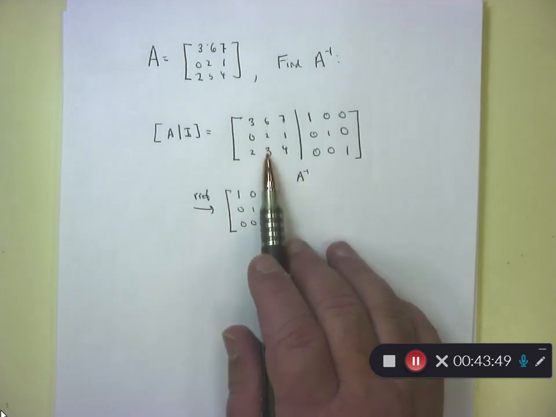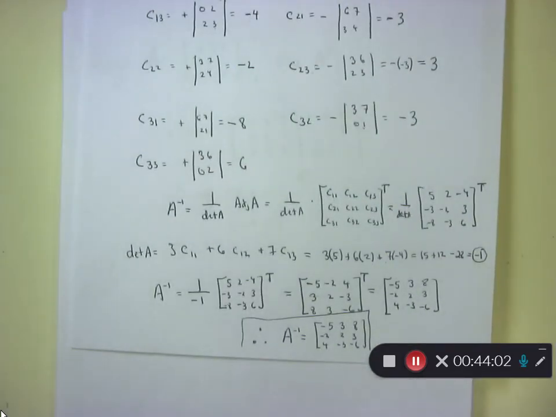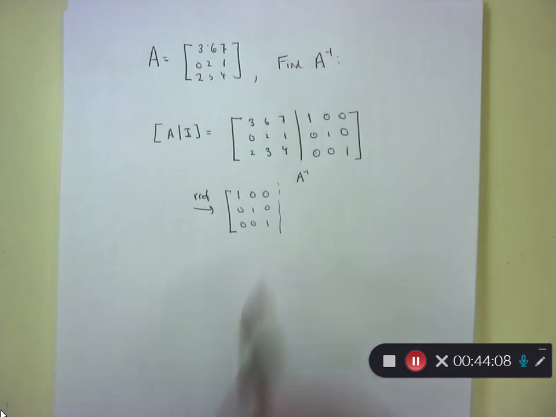Your time to actually find the inverse of this has now gone down to a snail's pace, with you having to manipulate fractions throughout. So in that sense, this now becomes a lot more efficient when you look at that particular aspect of it, okay?